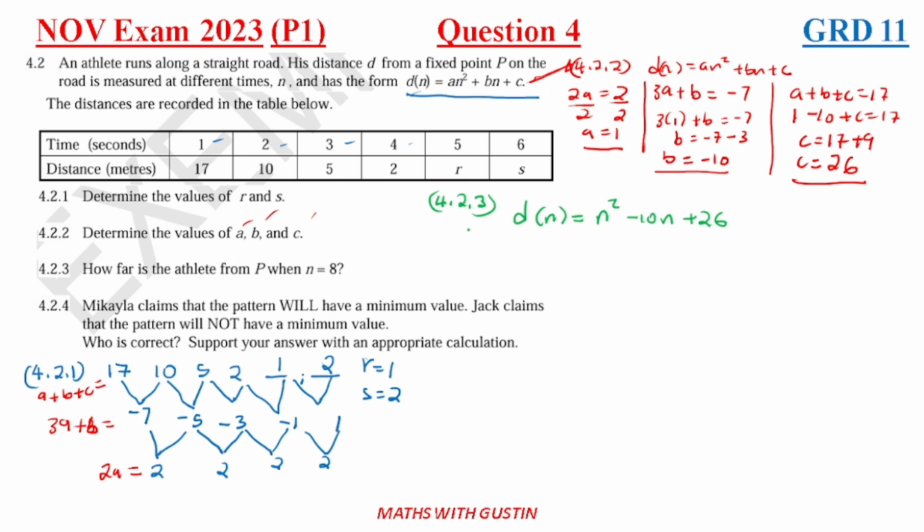So they're asking us what is the distance if n is equal to 8. So therefore n equal to 8 is going to give us 8 squared minus 10 times 8 plus 26, which gives us a value of, let's see now when we press our calculator, what do we get? It gives us a value of 10.